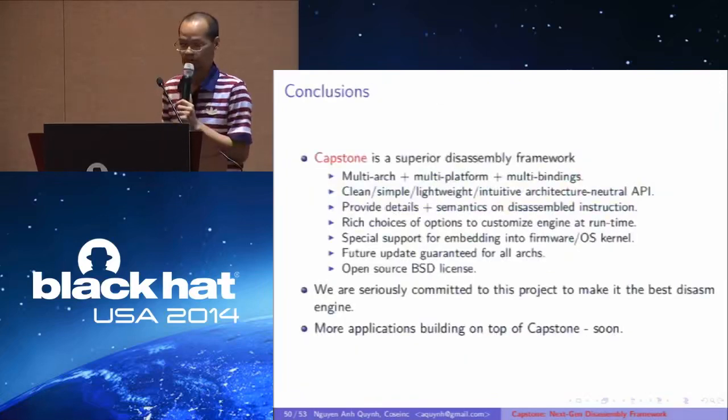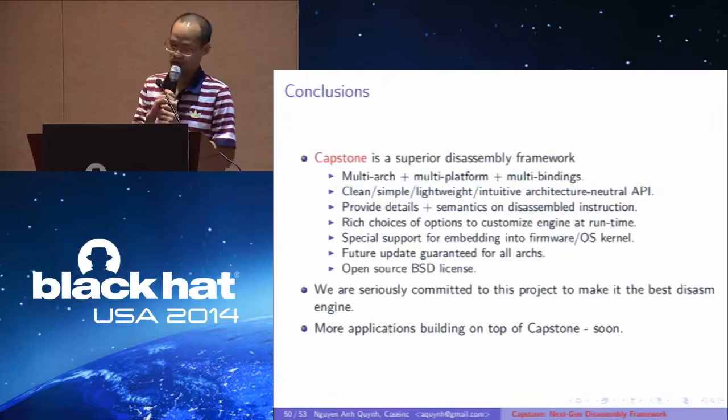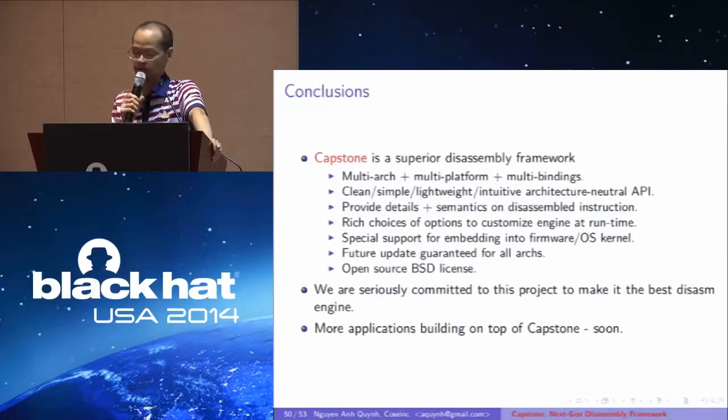In conclusion, Capstone is a very good framework: multi-arch, multi-platform, multi-bindings, very nice API, very simple and easy to use. It provides details and semantics on instructions. Rich choice of options to customize the engine at runtime. You can find many documents on the website. It can be easily embedded inside firmware and OS.